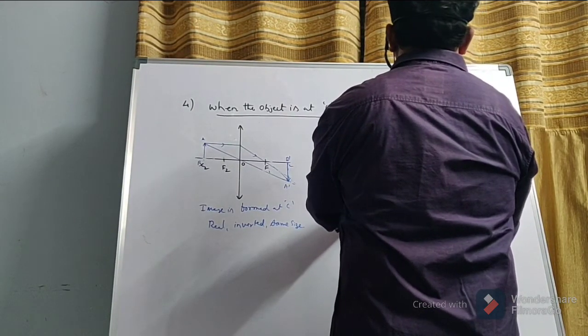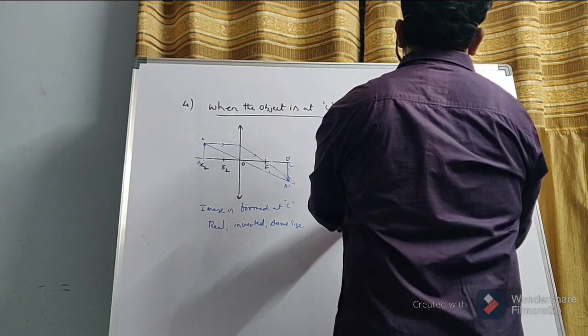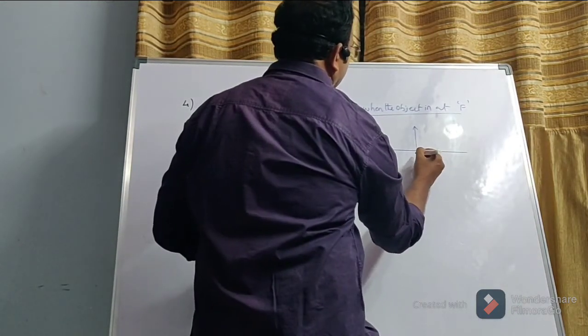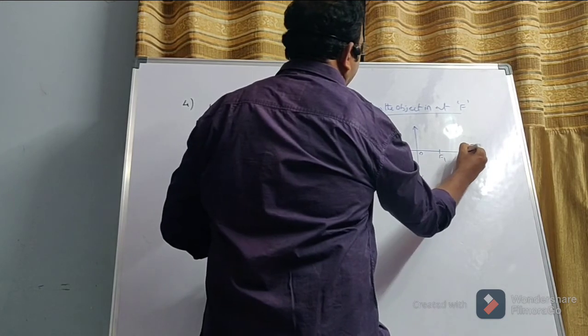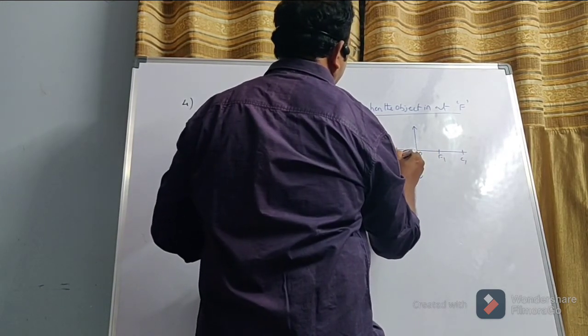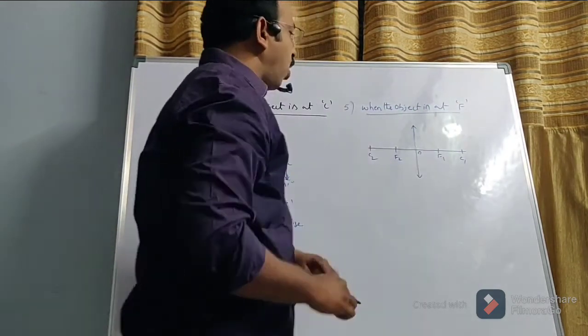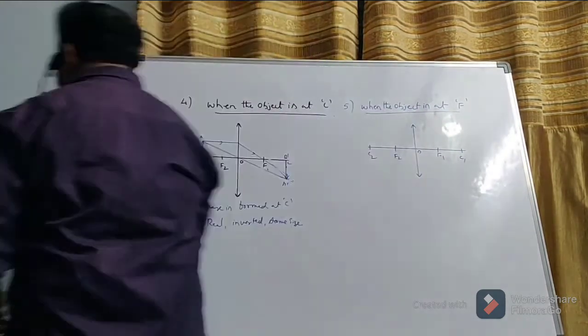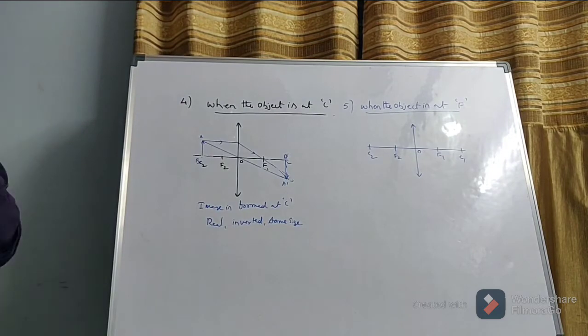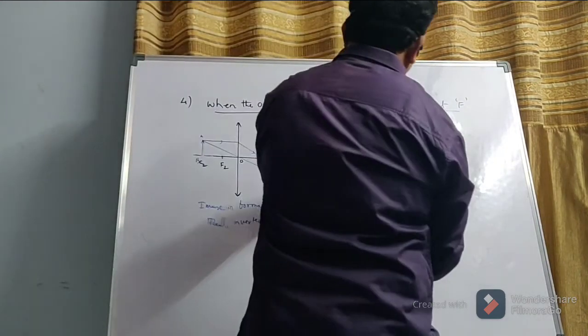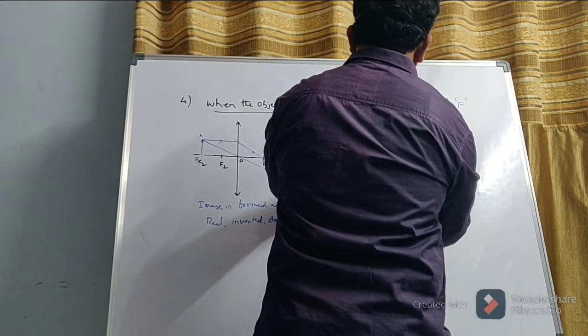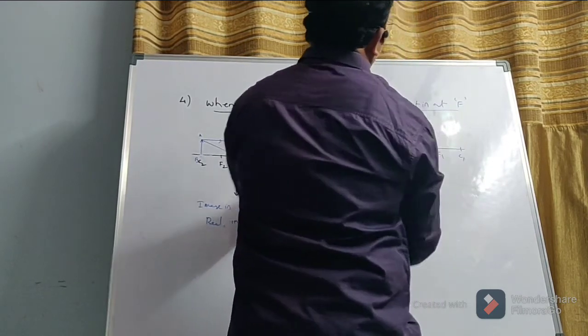Here same thing, this is called the optic center. So F1 and C1, and here F2. So object at F means the object is at the focus point. So here we can remember that the object is like this. The object is at focus. Okay, this is called AB.